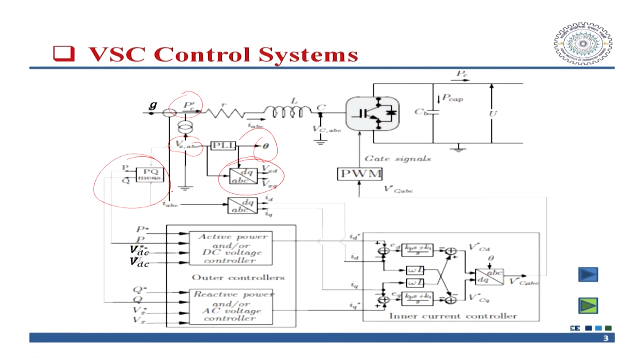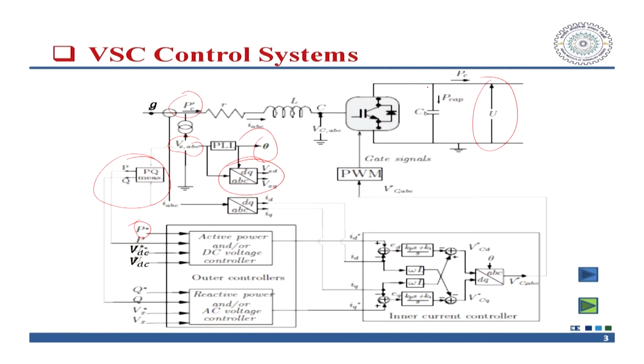Now see that this is the PQ reference technique. Then you have P star. From the irradiation and all those things, you may know that you need to supply a certain amount of real power to the system.